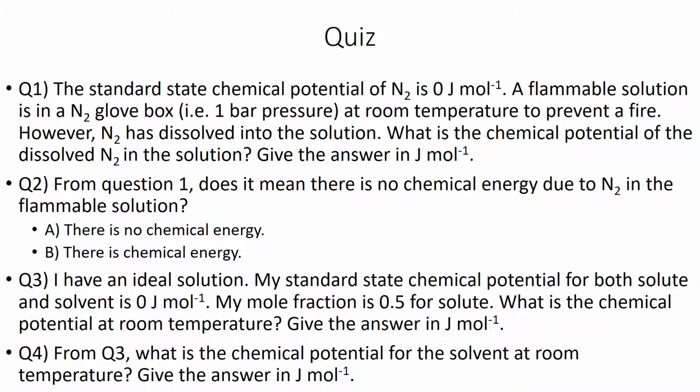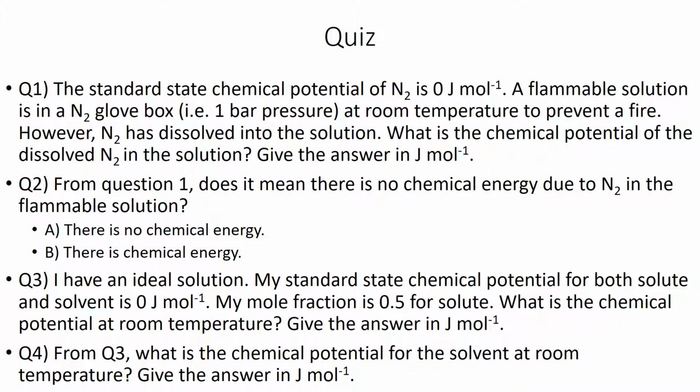Nitrogen glove boxes are usually kept at 1 bar pressure, basically 1 atmosphere, at room temperature, and we do so to prevent a fire. However, nitrogen has dissolved into the solution. What is the chemical potential of the dissolved nitrogen in the solution? Give the answer in joules per mole.